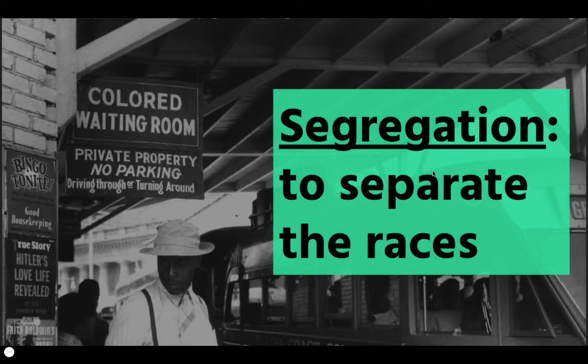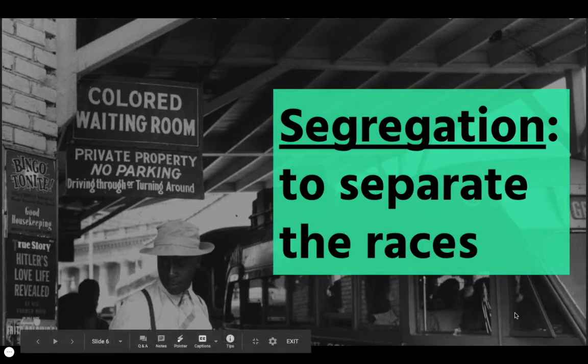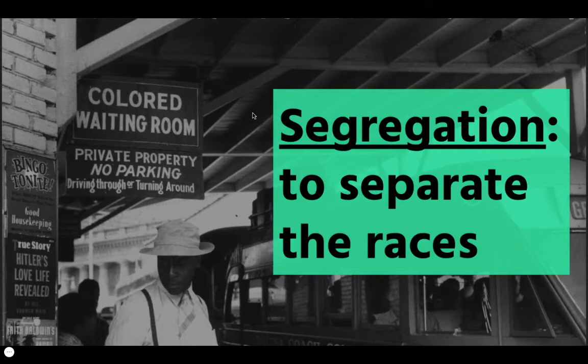Segregation and separation kind of look similar, so it's an easy way of remembering what that word means. The photo here in the background gives you a good idea of what we're talking about. To me, it looks like a bus station, and there are signs posted that indicate where white people should be waiting for the bus and where Black people should be waiting for the bus. Just to note, they use the word colored here. We don't use that term any longer. That wouldn't be appropriate.